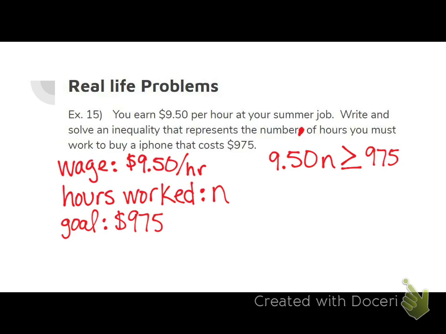If we go to solve this, what are we going to do? Good. Divide by the 9.50, or by 9.5. So how many hours are we going to need to work to make this happen?